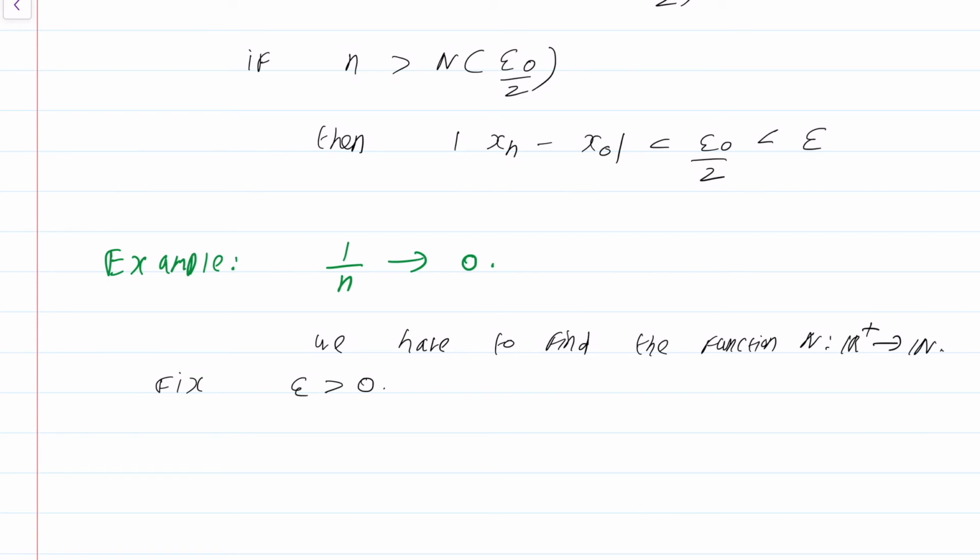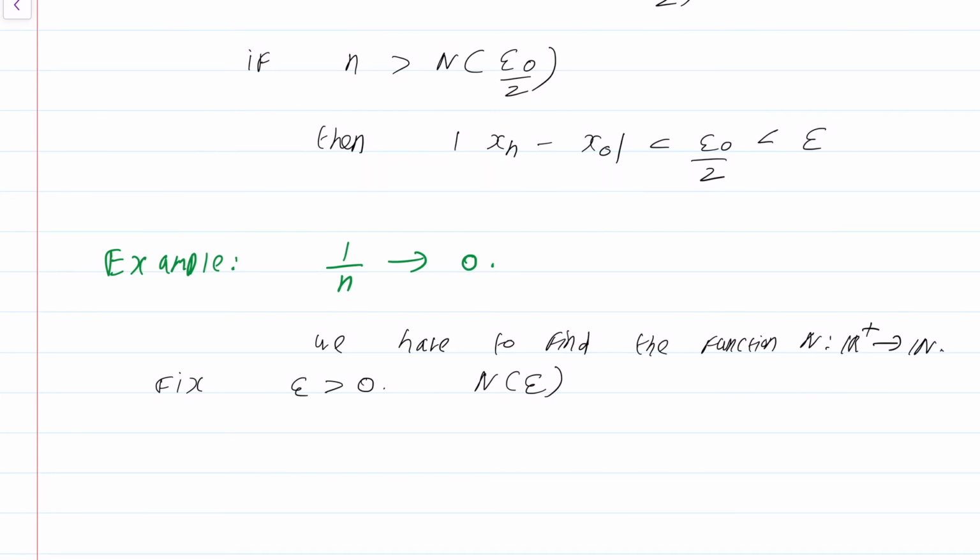Now we have to find an appropriate N epsilon. Note that for each choice of epsilon, it suffices if I find one value for which the definition of convergence works. I can just take all these values together and construct the function N. So what I'm essentially doing is fixing an arbitrary epsilon greater than 0 and finding an appropriate choice of the value N epsilon. If I can do this for each epsilon, then I have a well-defined function. Okay. So fix epsilon greater than 0.